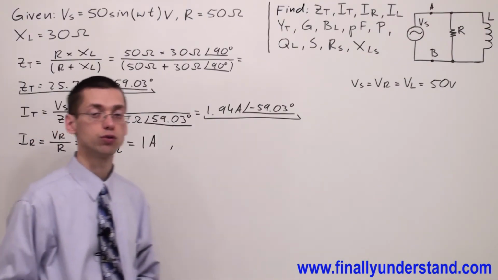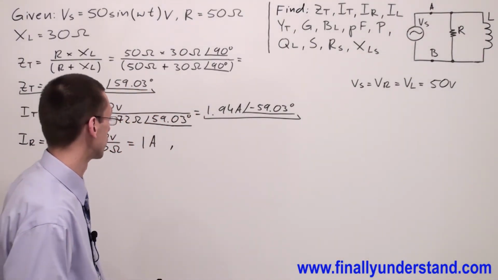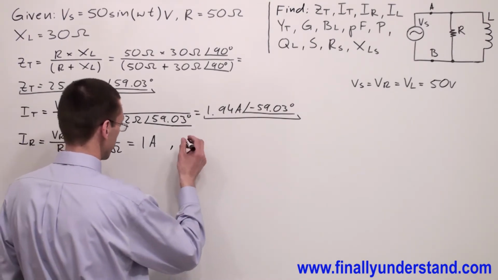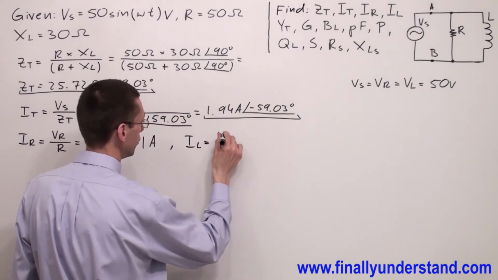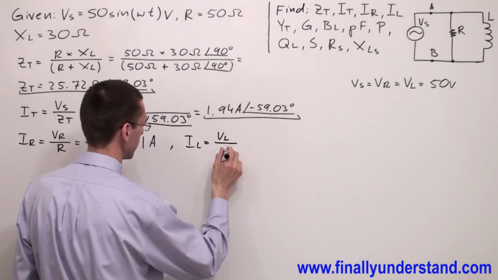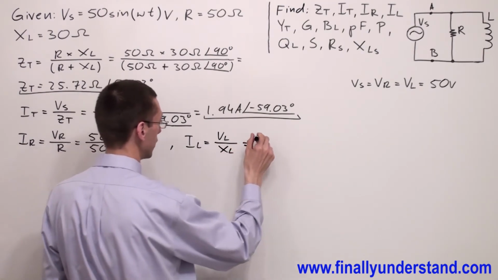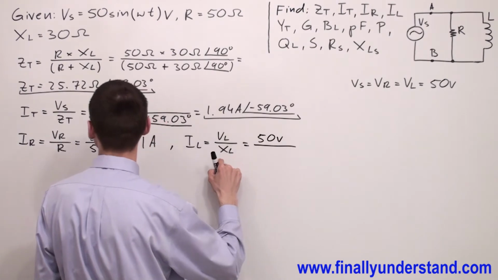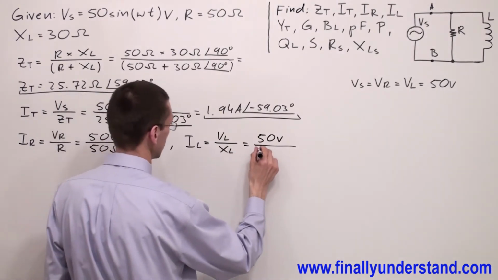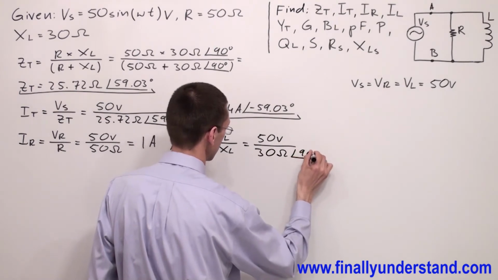Next, we're supposed to find the current which goes through the inductor. So I have IL is equal to VL over X of L, where VL we said is equal to 50 volts over X of L, given as 30 ohms and angle of 90 degrees.